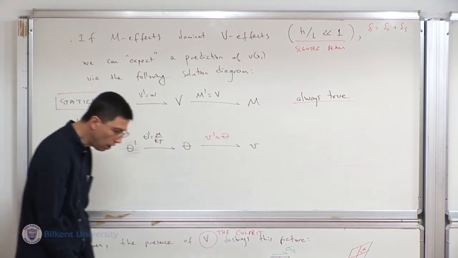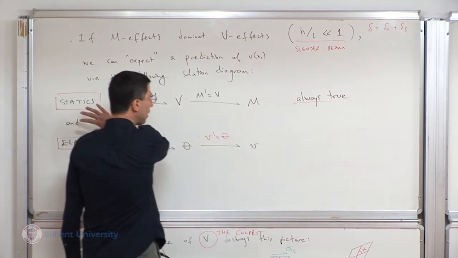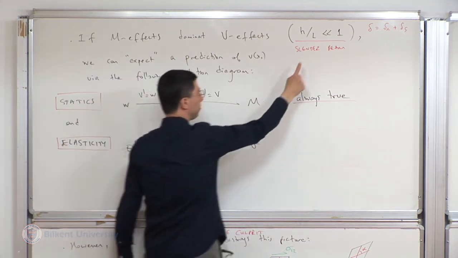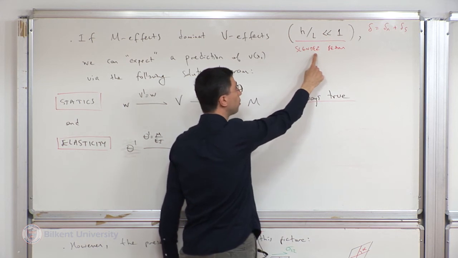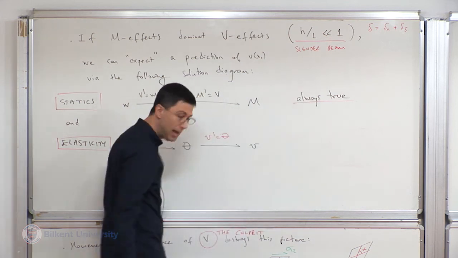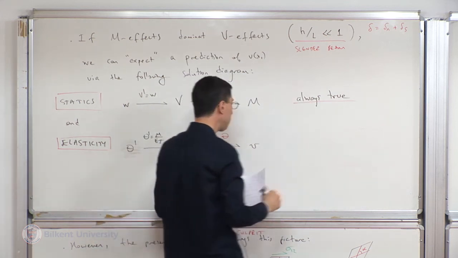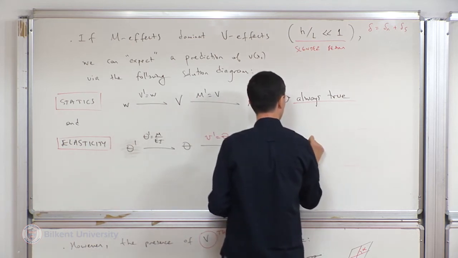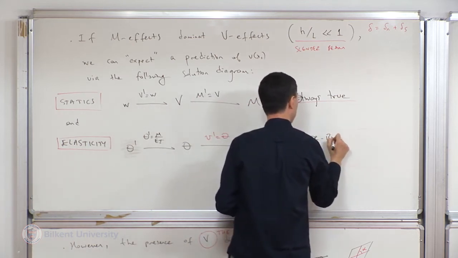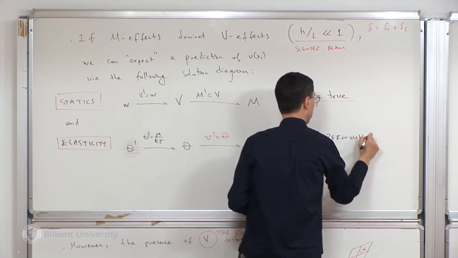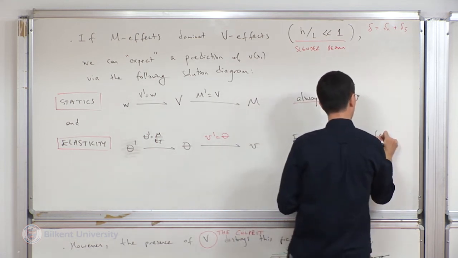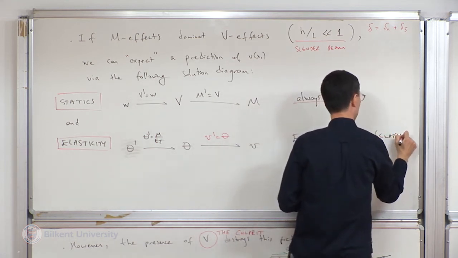Okay. So now, if you invoke this picture, which is a very good assumption for slender beams, then you end up with a beam theory that is called the Euler-Bernoulli beam theory, which is exactly what we have covered in our first mechanics course.